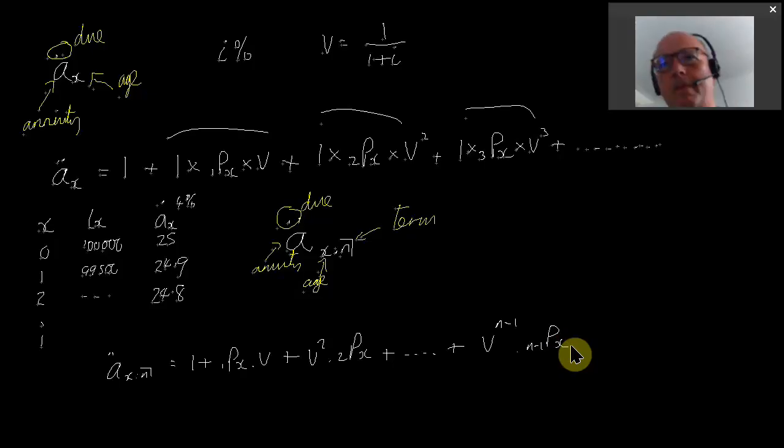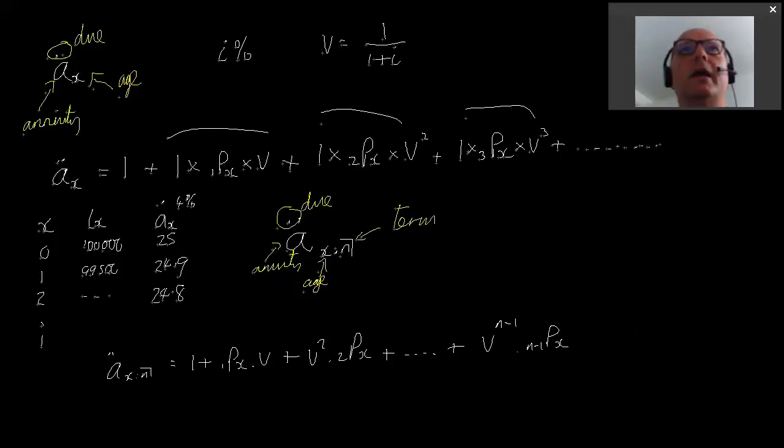If we had a table for a x:n, again we need a two-dimensional table, a column of x's, say, and a row of n's. But if we're clever, we can realize that this is an infinite annuity minus a deferred annuity.